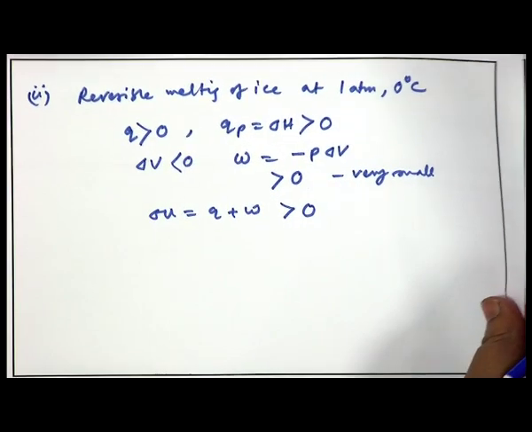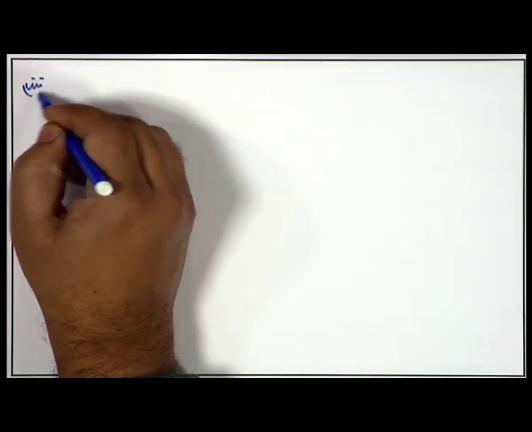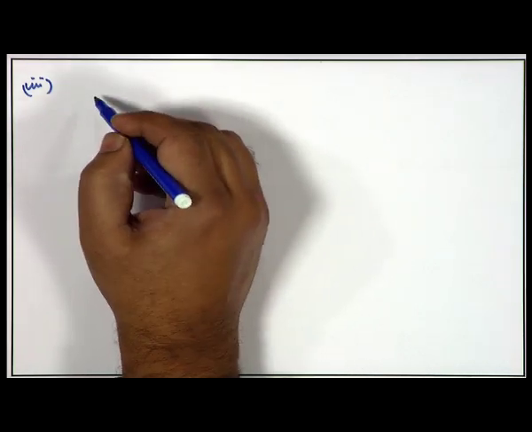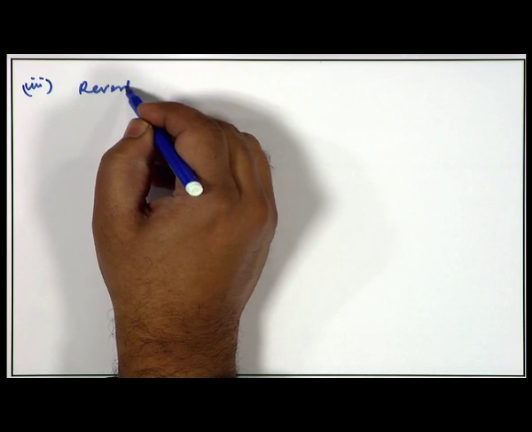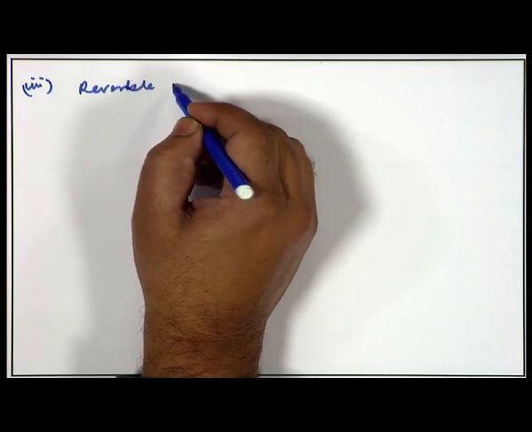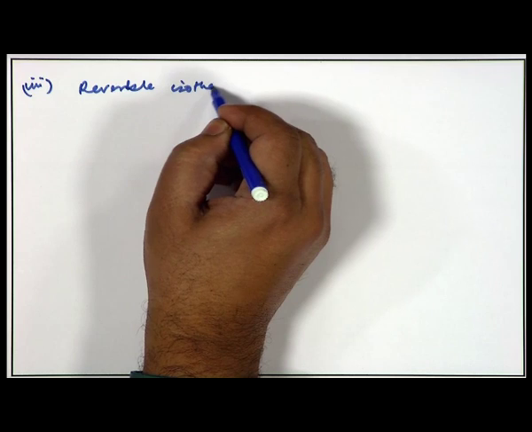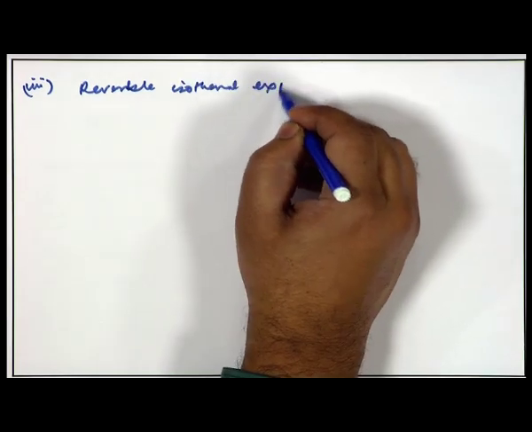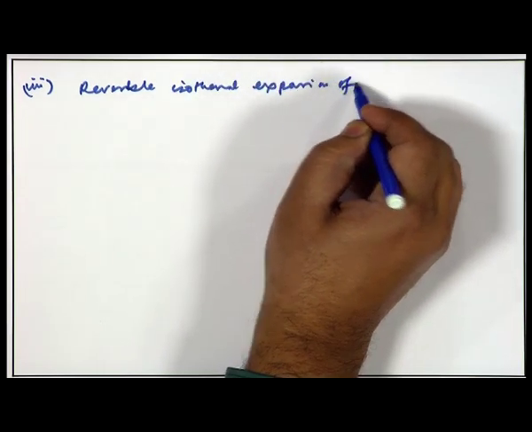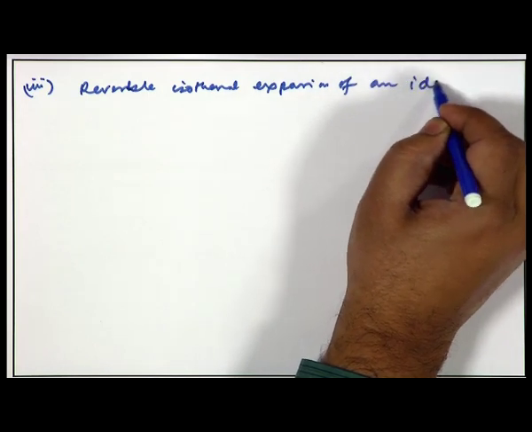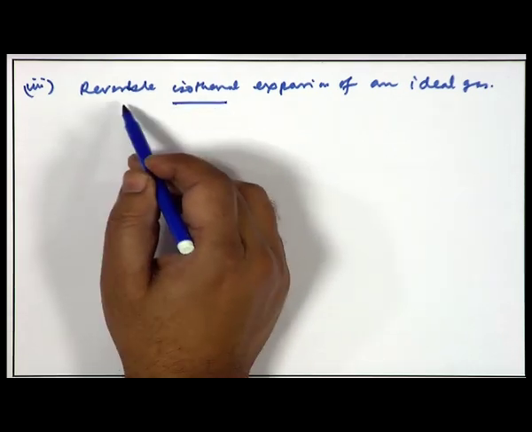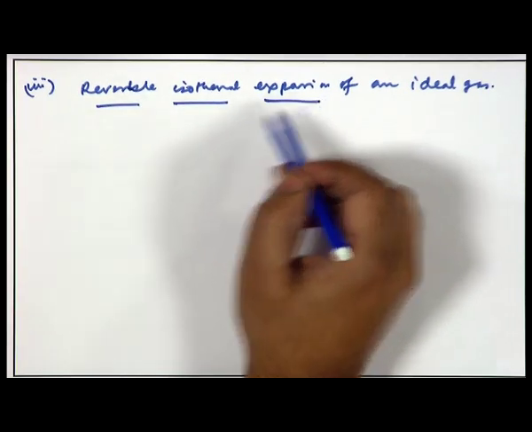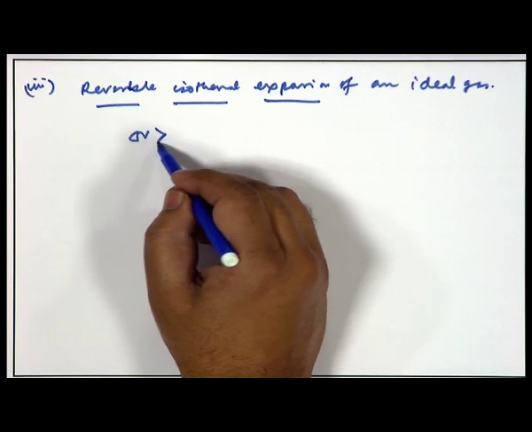We will talk about the third example: reversible isothermal expansion of an ideal gas. Now, for isothermal reversible expansion, when we talk about expansion, del V is greater than 0.